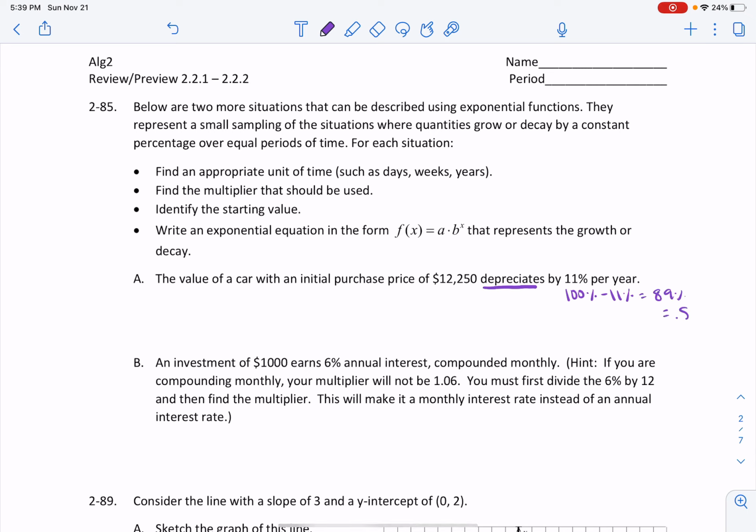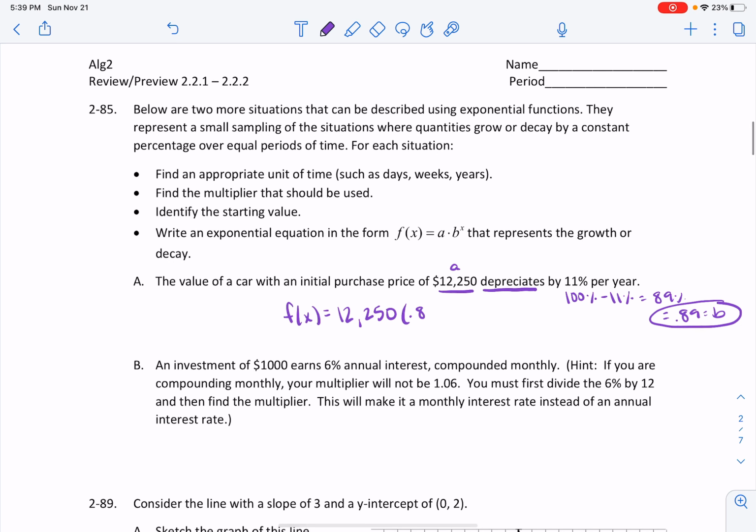As a decimal, that's 0.89. That is our b, that's our multiplier. And then here we have a, because that's our starting value. So we'll write f of x equals 12,250 times 0.89 to the x power. And we can just leave it like that.